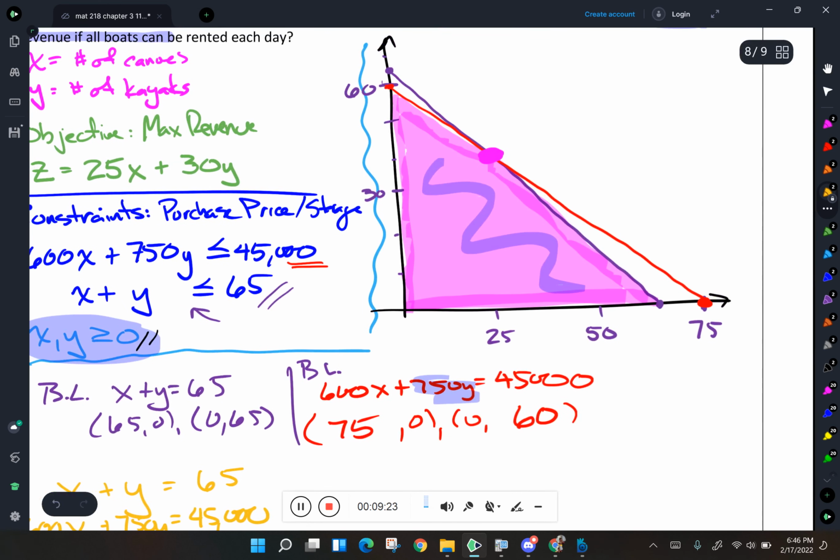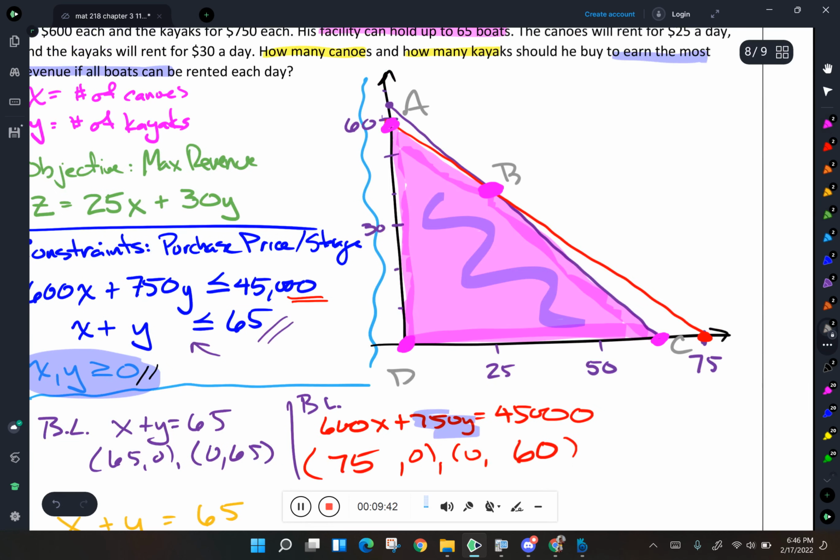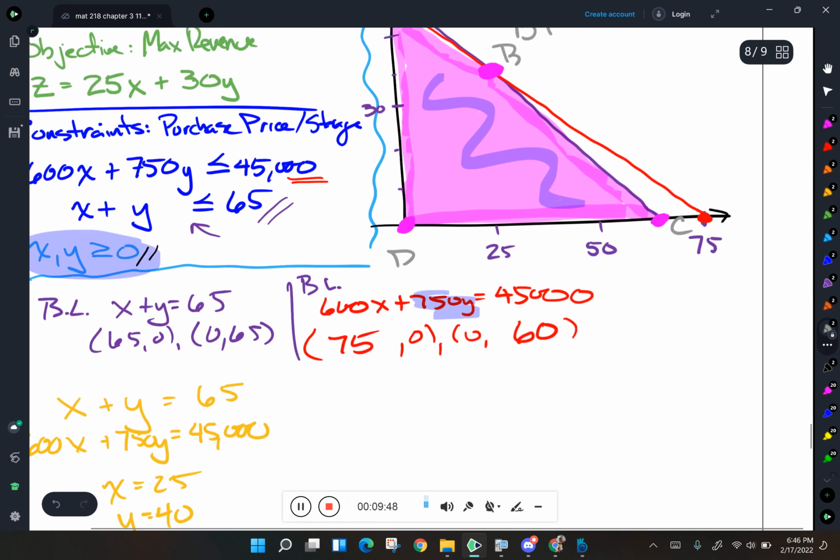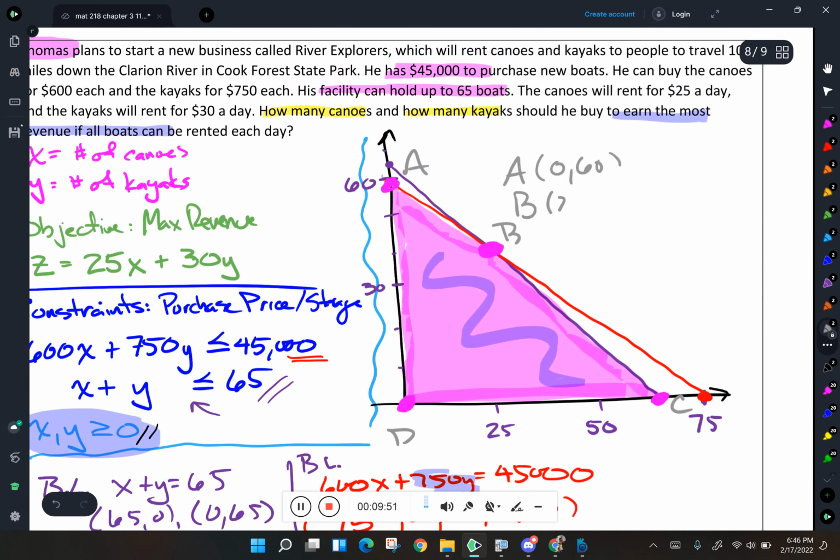So when I come back up here and I take a look at what's going on, I've got 3 corners, 1, 2, 3 that I care about, 1 that I have to do because it's there. I'm going to label them A, B, C, and D. A is the corner 0, 60. B is the corner, what did we just say it was, 25, 40.